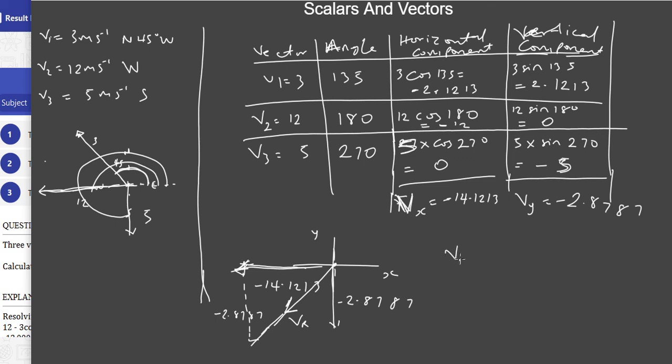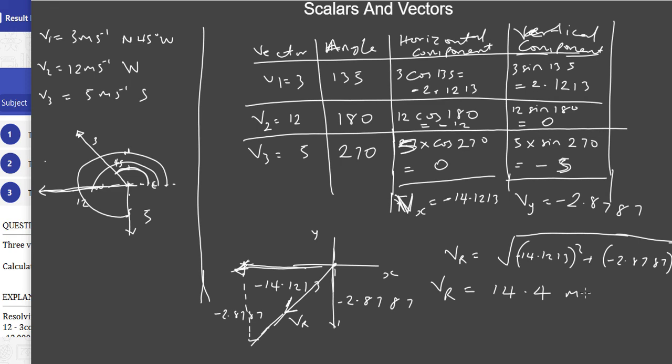VR would simply be the square root of minus 14.1213 squared plus minus 2.8787 squared. If you do this math, this will give 14.4 meters per second.